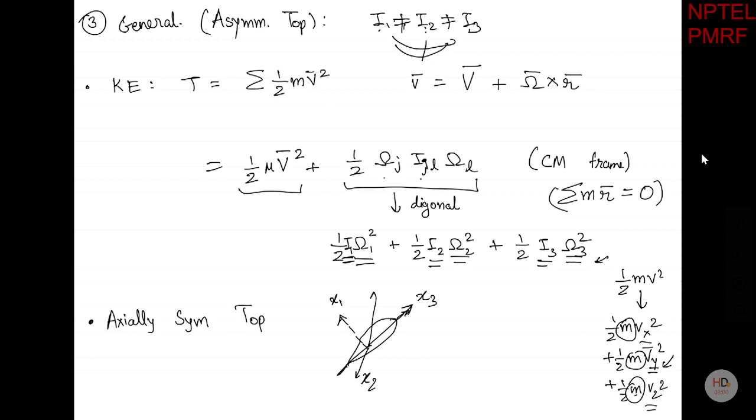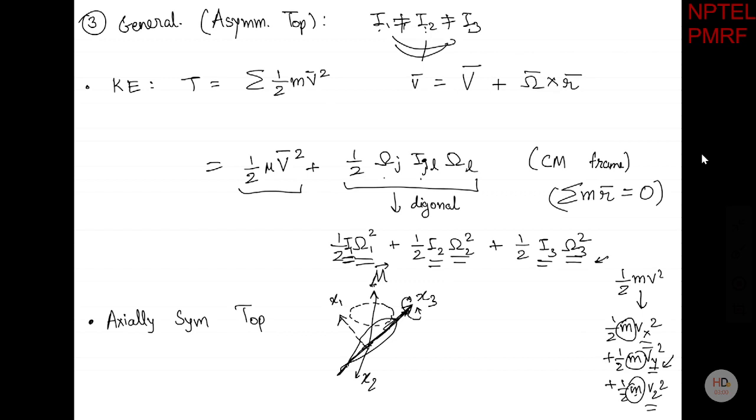Then you can have angular momentum in any direction, and in that case the axis of symmetry would rotate around it. So the entire object rotates about its symmetry axis, and this axis itself rotates about this.